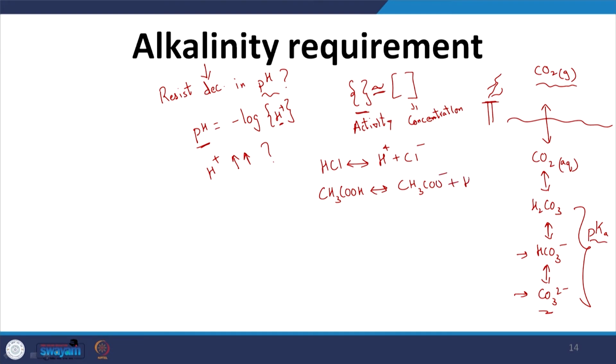Acetate and H plus. So, when I add acids, depending on how strong, for example, HCl is a strong acid, pK is 0 or less than 0, so it will always release H plus at almost all pH ranges. Acetic acid is not such a strong acid, the pK is 4.76. We looked at this graph if you remember.